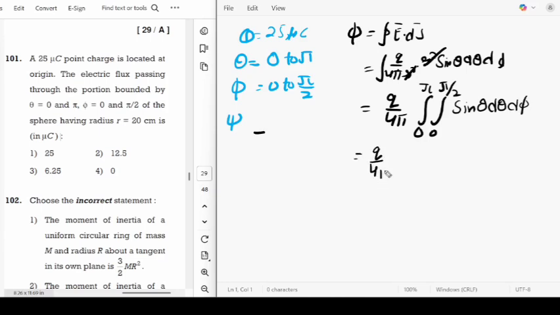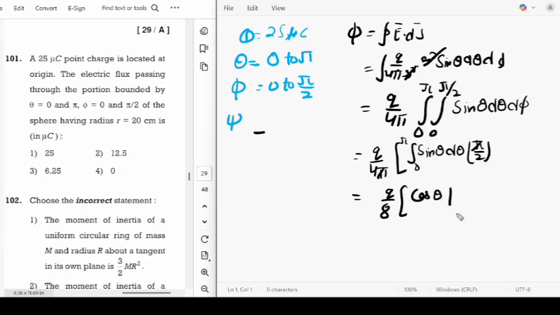Q by 4 pi, integral of sin theta d theta d phi over phi from 0 to pi by 2 has value pi by 2. Pi cancel each other. Q by 8 comes out. Now integration of sin theta is minus cos theta, putting the values 0 and pi.